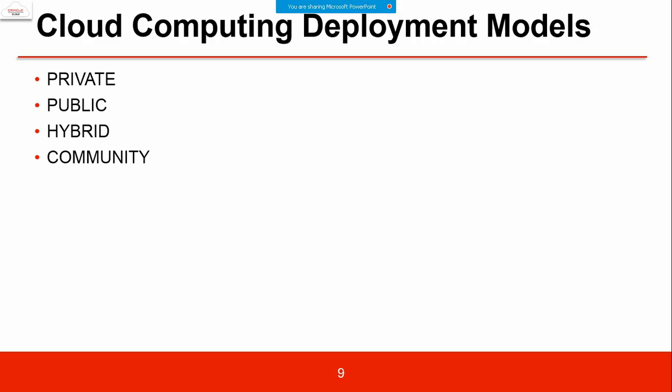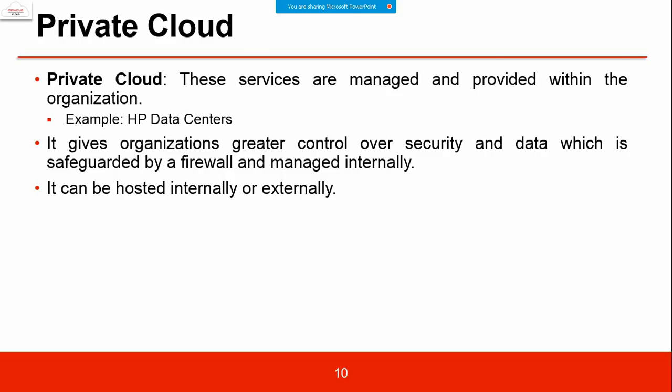And we have hybrid cloud, which is a mix of the two, some part public and some part private. And then the fourth option is community cloud. So there are four different deployment models of cloud. Let's understand them one by one.